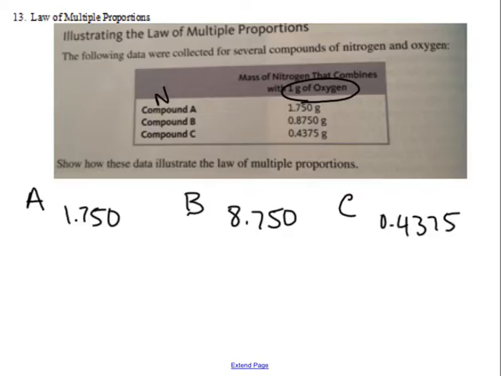Okay, so we can divide all of these. What's the smallest number of grams in our examples? 0.4375.